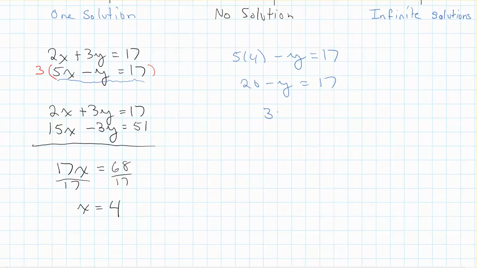Adding y to both sides and subtracting 17, we get y equals 3. And so the solution is (4, 3). So not too much more difficult than the first one. The only thing we had to do is multiply one equation by something.